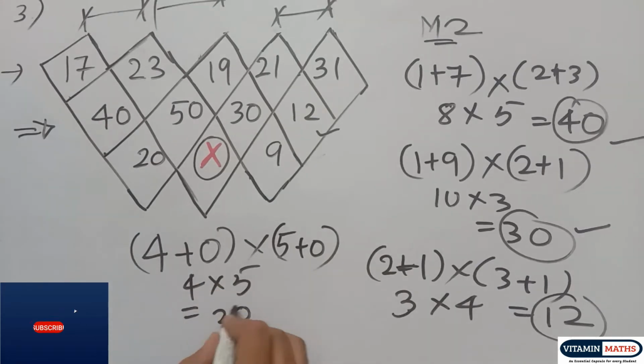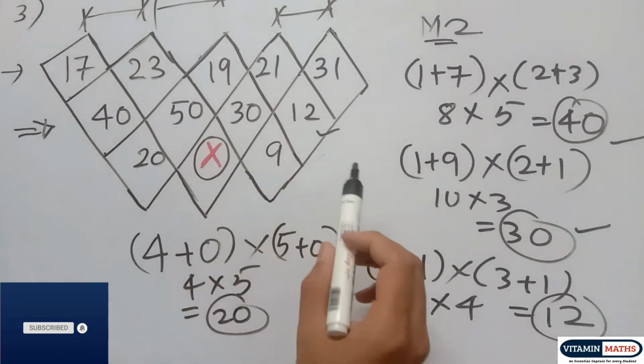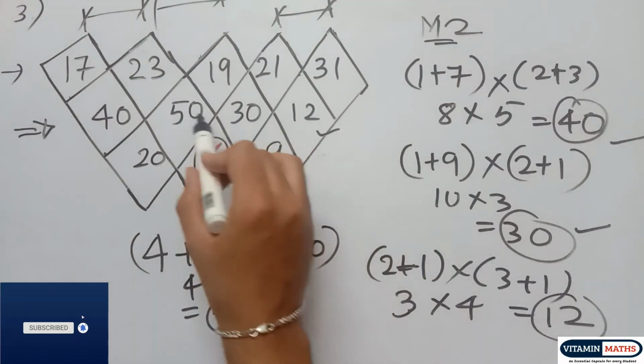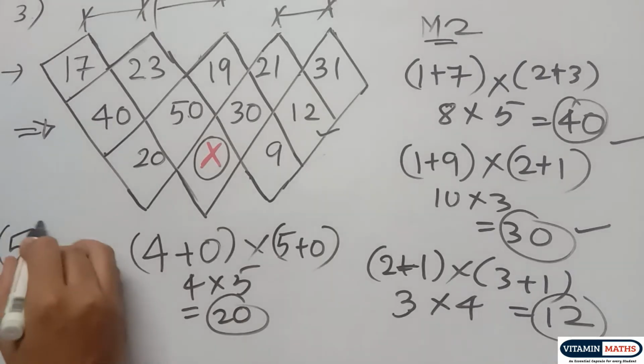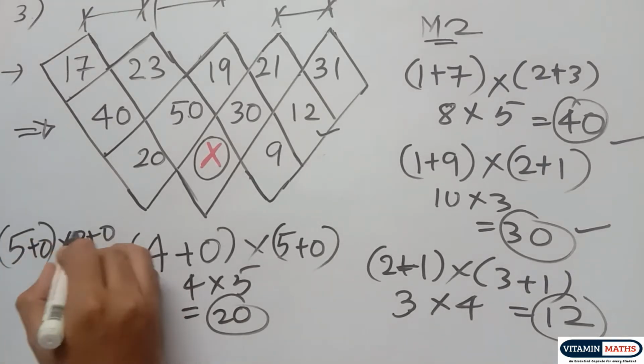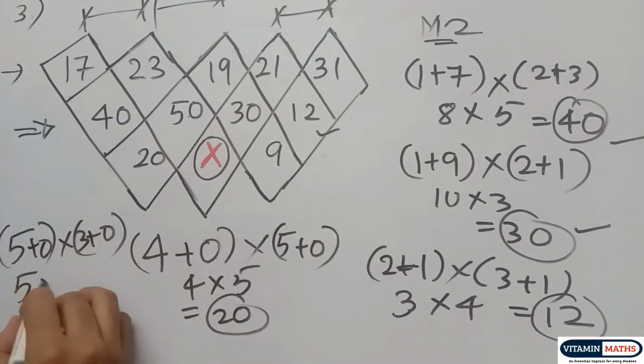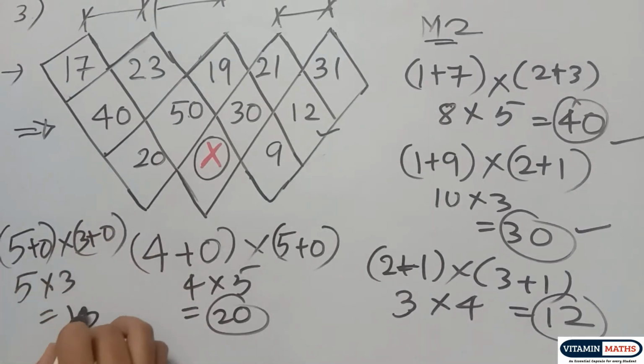We have got 20. On the same lines, let us consider these both numbers here. That is (5 plus 0) into (3 plus 0), that is 5 into 3, that is 15. So we got our answer as 15.